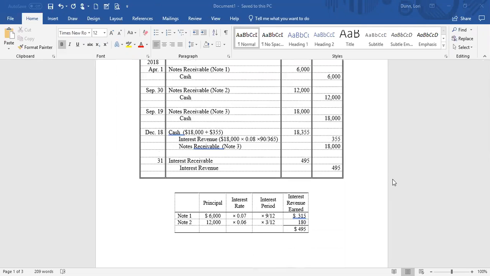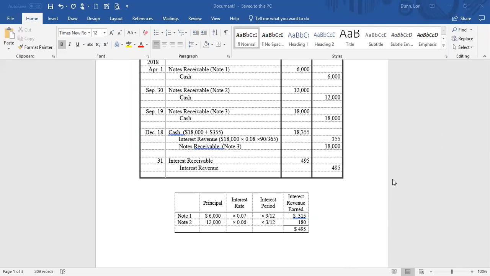So what we need to do for Note 1 and 2, since interest revenue happens in 2018 and 2019, is on December 31st, calculate how much interest revenue occurs on each of the loans from the day it started through December 31st. So our first loan began on April 1st. April, May, June, July, August, September, October, November, and December.